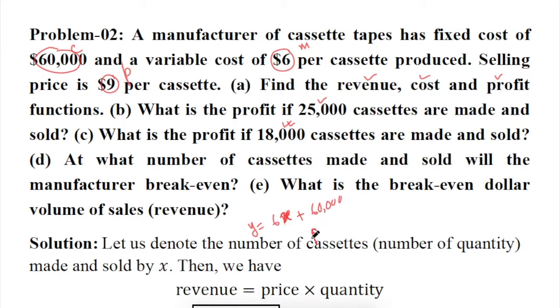And the revenue function will be price into quantity, selling price per unit, which is 9, so 9x. Therefore, the profit function will be revenue minus cost, which is 9x minus 6x. So 3x minus 60,000 will be your profit function.